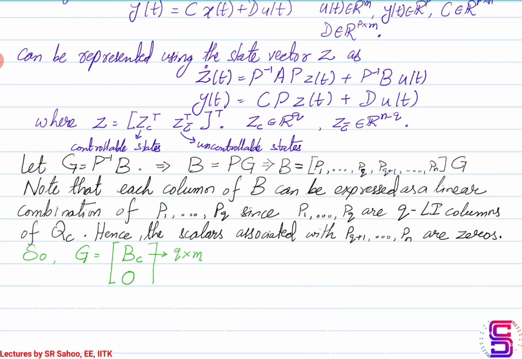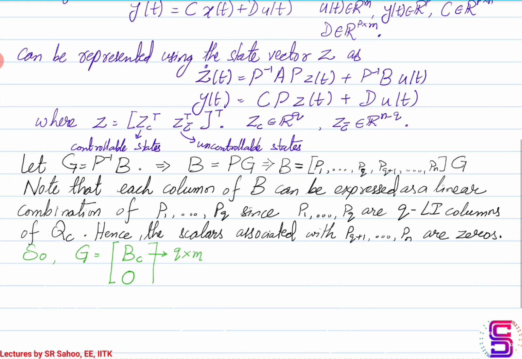So the structure of G is BC, which is some matrix, and 0. The size of this BC is going to be q cross m. So P inverse B has this structure: it has a block which we'll label as BC, C indicating controllable, and a 0 block.